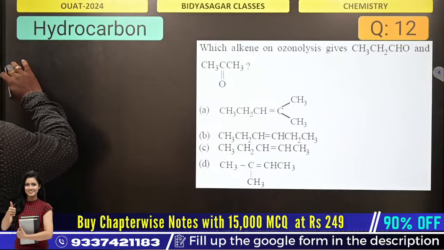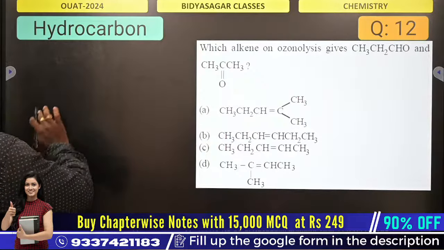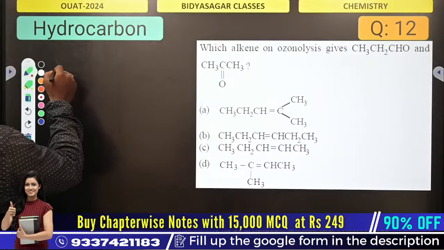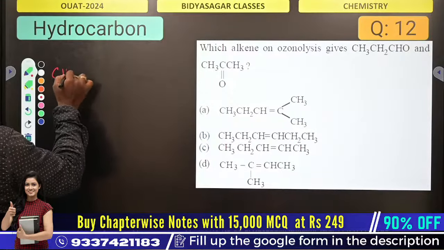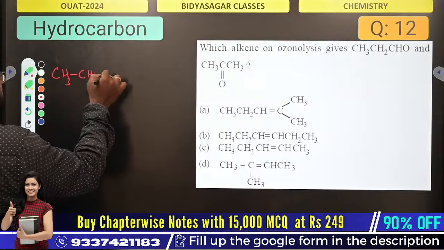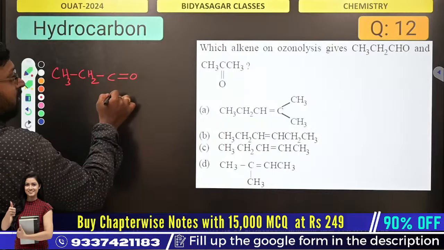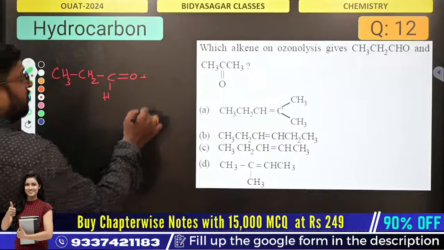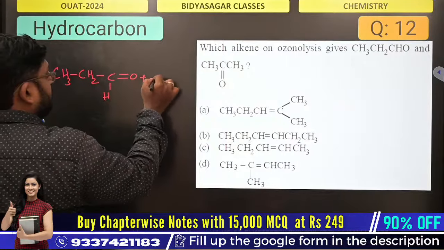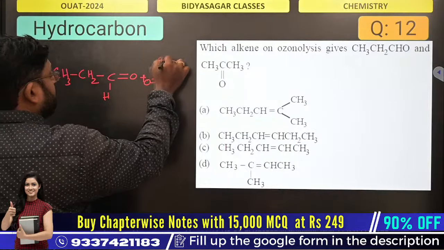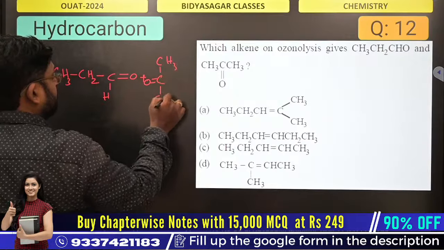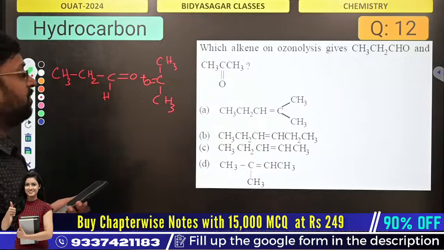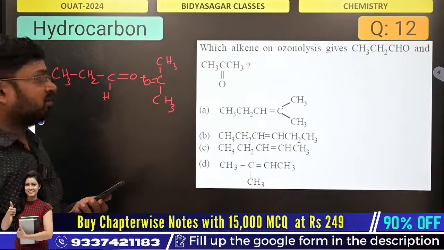First of all you have to write the products like this: CH3, CH2, C double bond O, H, plus C double bond O, CH3, CH3. Both the carbonyl groups should be placed like this.